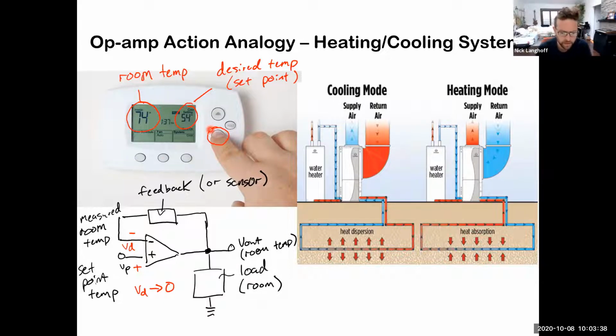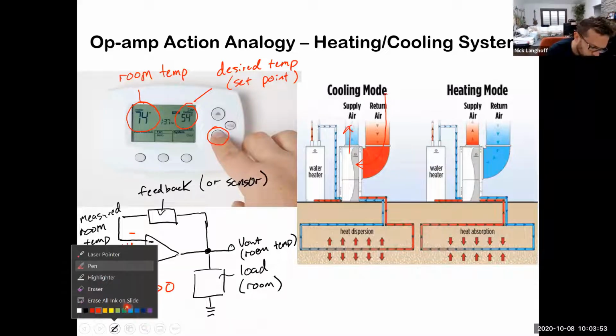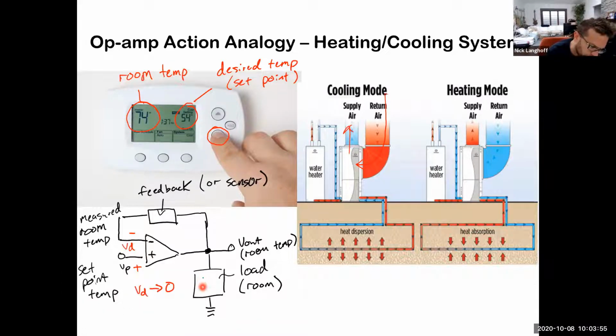Well, then what is this whole system going to need to do? It's going to need to pull hot air into the control system and then supply cool air. If I were to draw this as current here, that would be pulling energy from the load down into the negative supply rail, to cool and bring the voltage lower than it was.